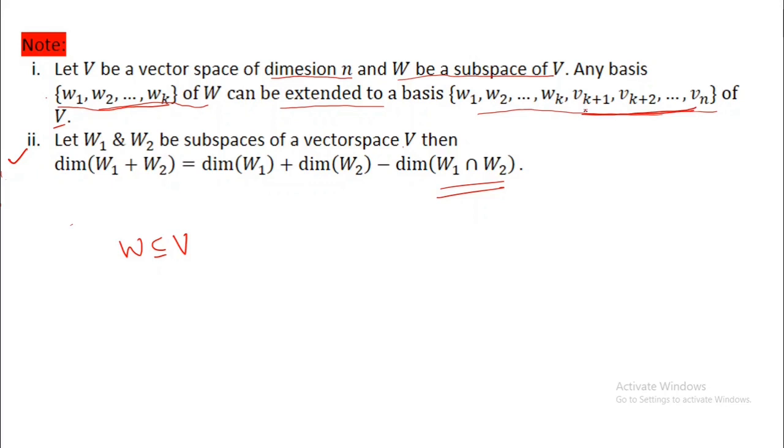Over here I am calling those vectors Vk plus 1, Vk plus 2, up to Vn. So we can add some vectors to the basis of W to transform it into a basis of the vector space V. In other words, in finite dimensional vector spaces, a basis of a subspace can be extended to a basis of the vector space. So this is about the first note.